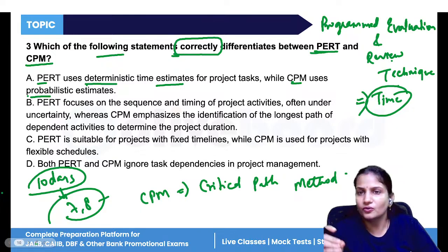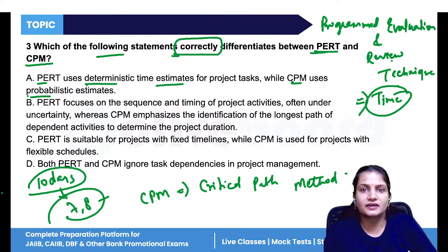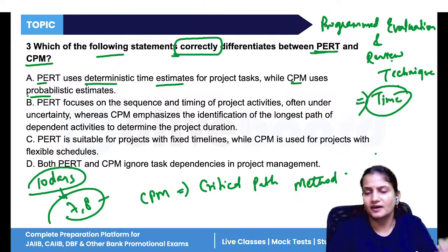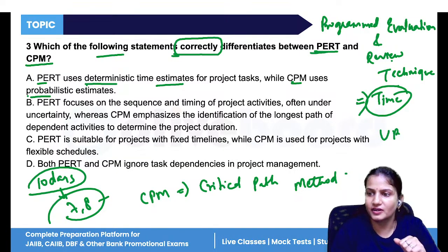And PERT is when you don't know how much time it will take. You are investing in a project, but you don't know after how much time you will be getting your returns back. That is PERT. Let's take an example. Suppose Union Bank of India wants to launch a new app for their customers.